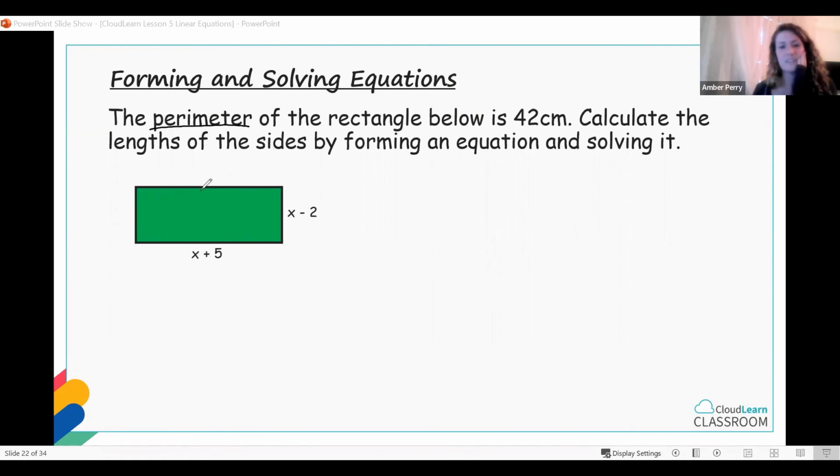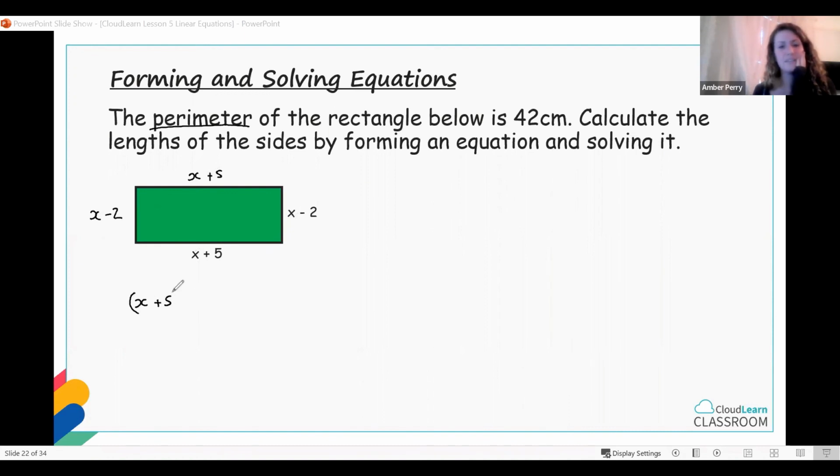So I can write x plus 5 up here because I know they're the same. I also know that this side is equal to this side, so this side is x minus 2, and this side must also be x minus 2. To find the perimeter, I'm going to add all of those sides together. I'm going to do it the long way: x plus 5.